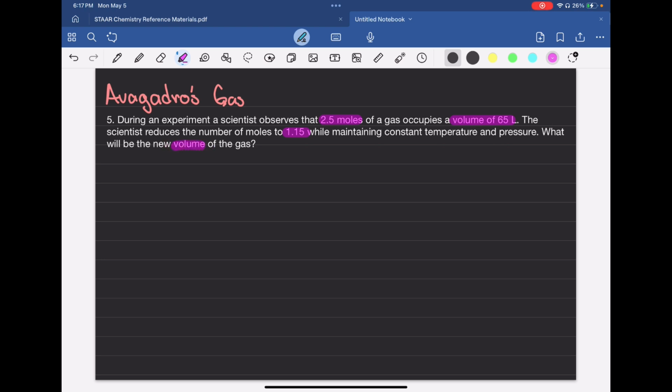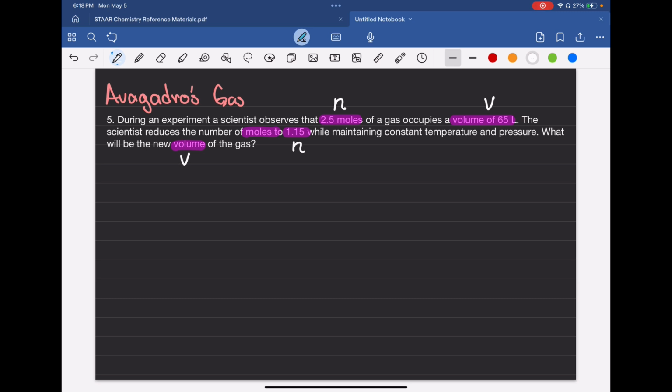On this question, we can see that we start with 2.5 moles. My variable for moles is N. And when we have 2.5 moles, it occupies 65 liters. So that's volume. The question says that the scientist changed the moles to 1.15. And the question is asking for our volume.